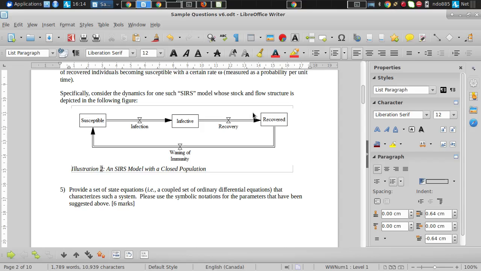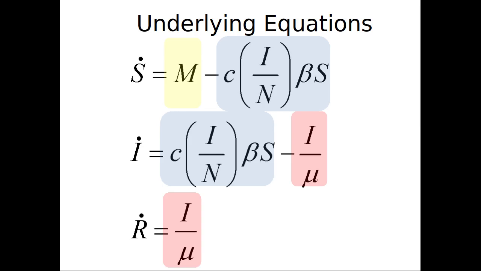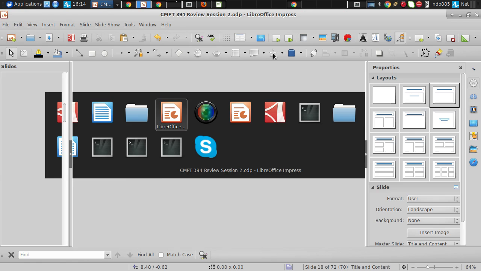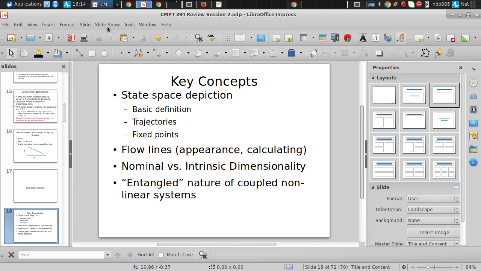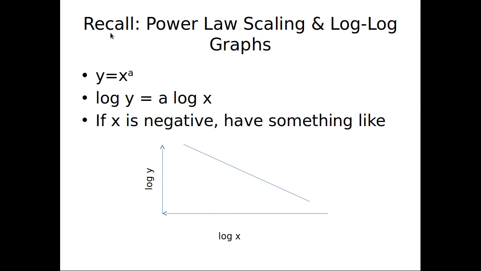Yes. Can you talk just a little bit about the sensitivity and calibration? Sure. Okay, I will make some utterances about those. Let me just check here. Do I have some nice slides here?